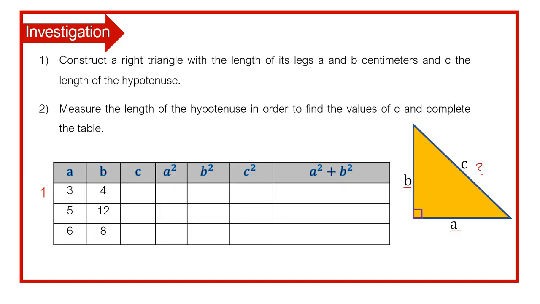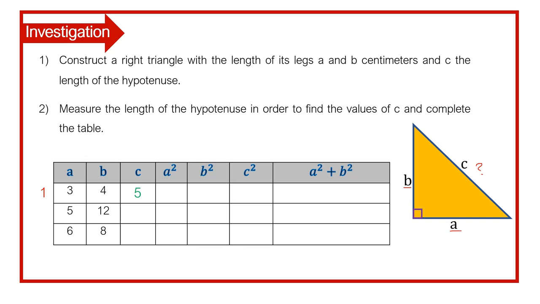Now let's begin with the first right triangle. A is 3 centimeters. B is 4 centimeters. You can pause the video and measure C. If you are accurate, you should be able to get C as 5 centimeters.